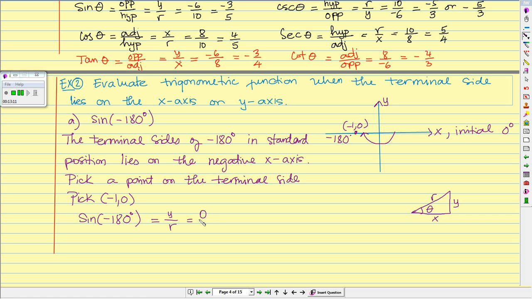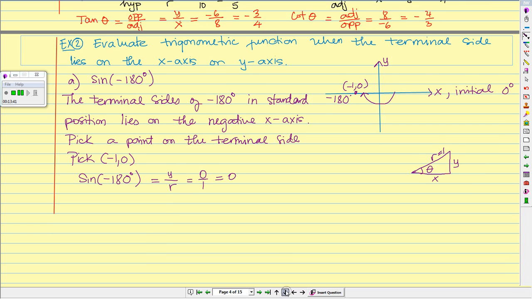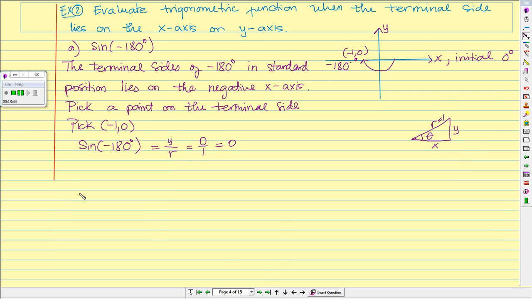In this case, I'm going to substitute y is 0, and from now on, if I use the point 1, 0 or negative 1, 0, my r is 1. So I put 0 divided by 1, that will be equal to 0. Therefore we can conclude that sine of negative 180 degrees is 0.